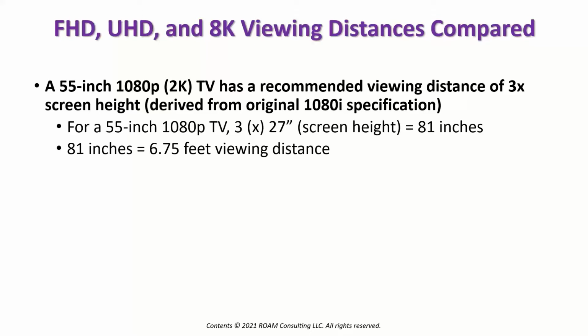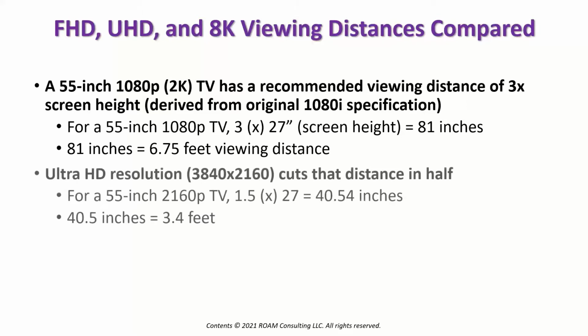So a 55-inch full HD TV has a recommended viewing distance of 3 times the screen height. For a 55-inch TV, the screen height is 27 inches, and 3 times that is 81 inches, which is a little less than 7 feet viewing distance. And that's a very common viewing distance in the home. What that means is at 7 feet or greater, you won't see the pixel structure. The picture will just appear to be seamless.